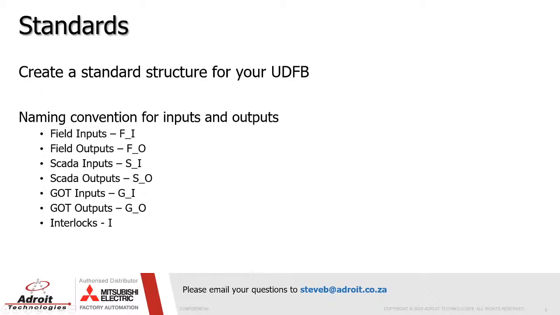So what I've done as an example, for my field inputs, I've made a prefix of F_I. The same with my field outputs, SCADA, GOT, and interlocks. So whenever I write my program, I know if it's an F_I, that will be my field input. If it's an F_O, it will be a field output.